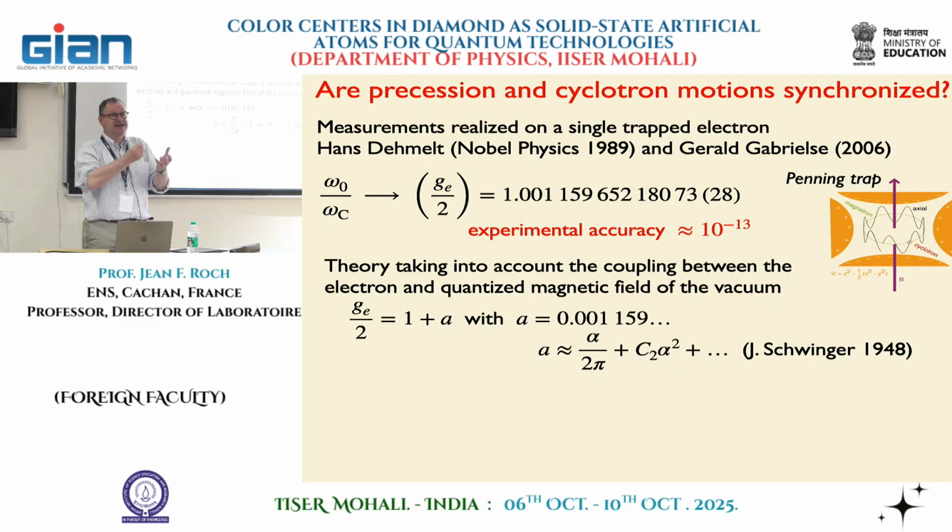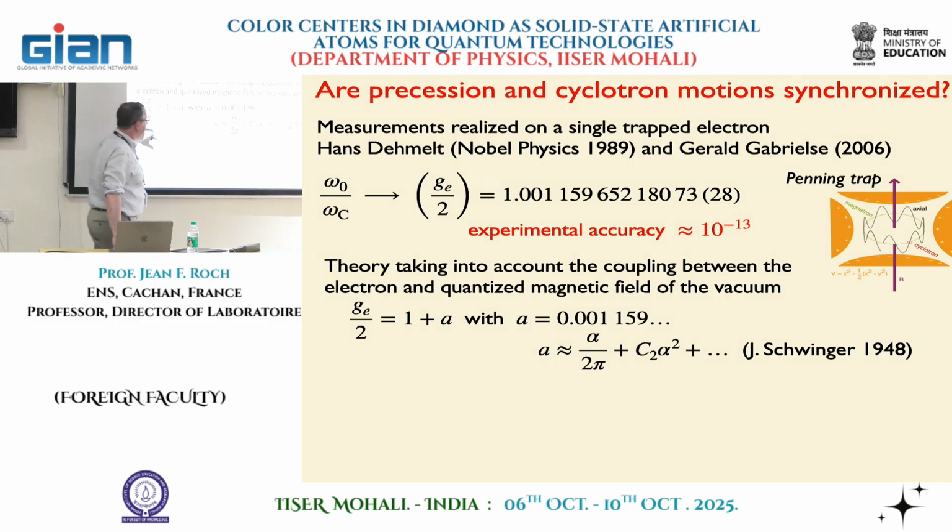And it is the interaction of the electron with these quantum fluctuations of the electromagnetic vacuum that gives this value of J a little bit different from 2.